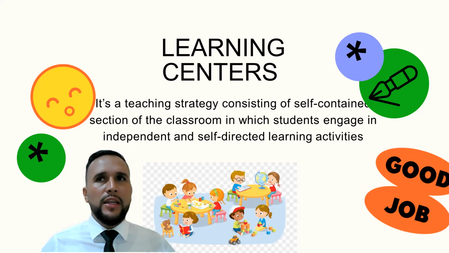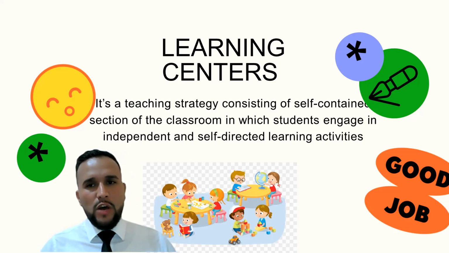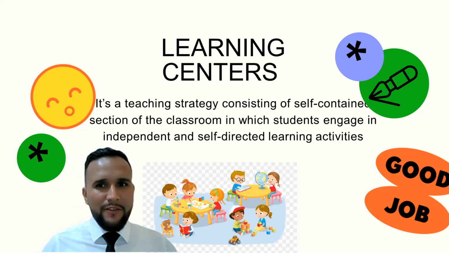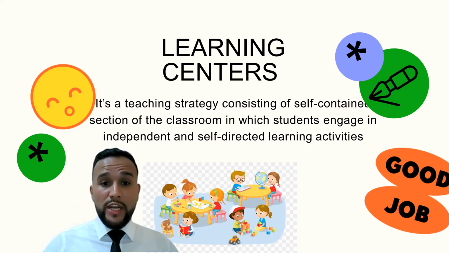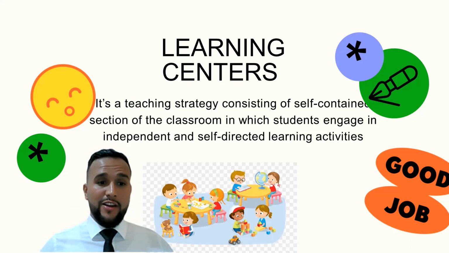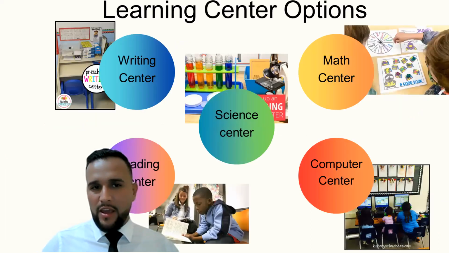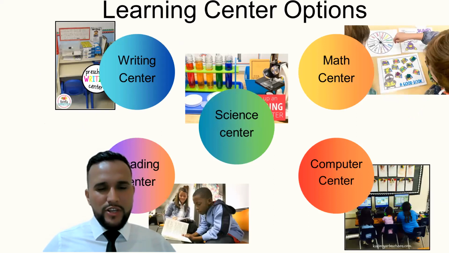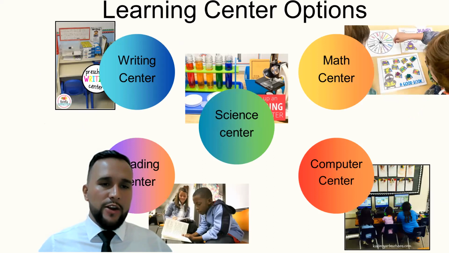So basically, we are using something called collaborative learning. Collaborative learning is when students help each other to learn. Okay, now here are some options. Imagine that you organize your classroom into these 5 centers.